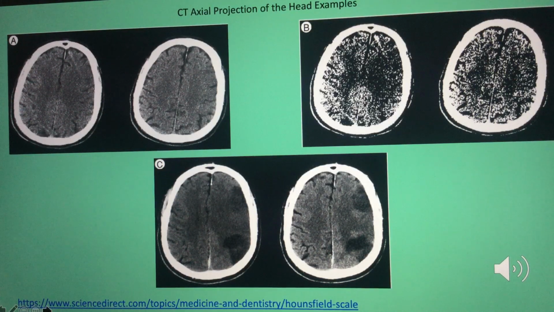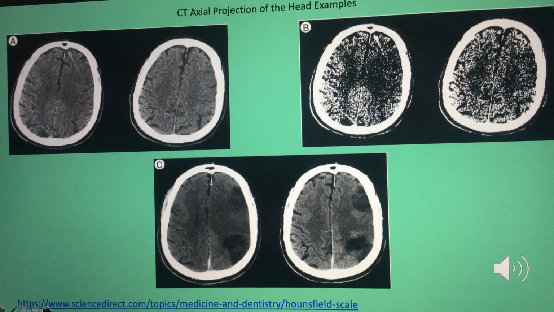And in the second one, B, they have the same projection, but it's a low density with the left frontal bone. In this one, they change the window width to enhance the color of the bone and be able to see if there's any pathology on the bone.